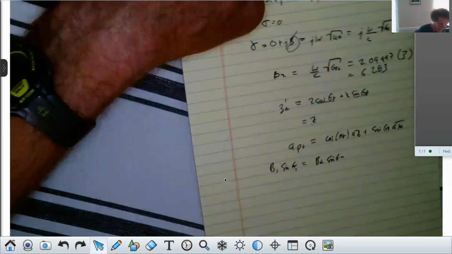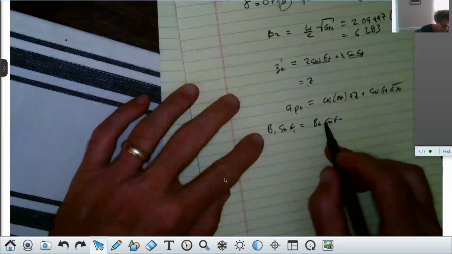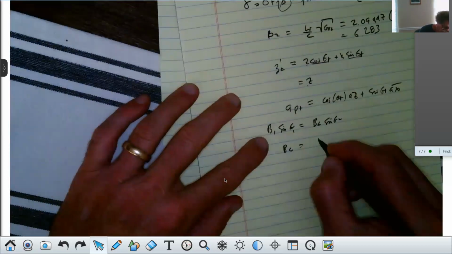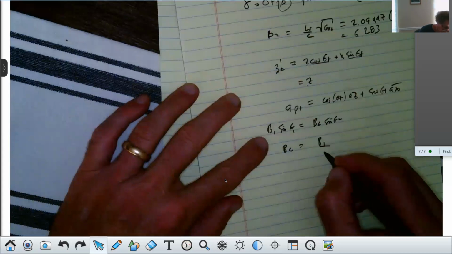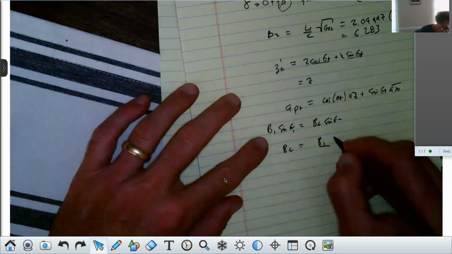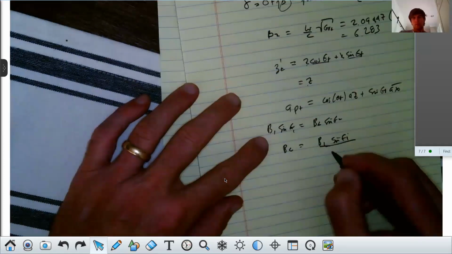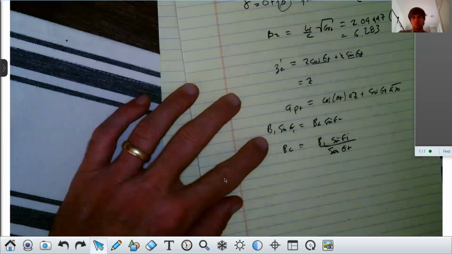This has to be true. If you wanted beta 2, it would be beta 1 times sine of theta incident over sine of theta transmitted.